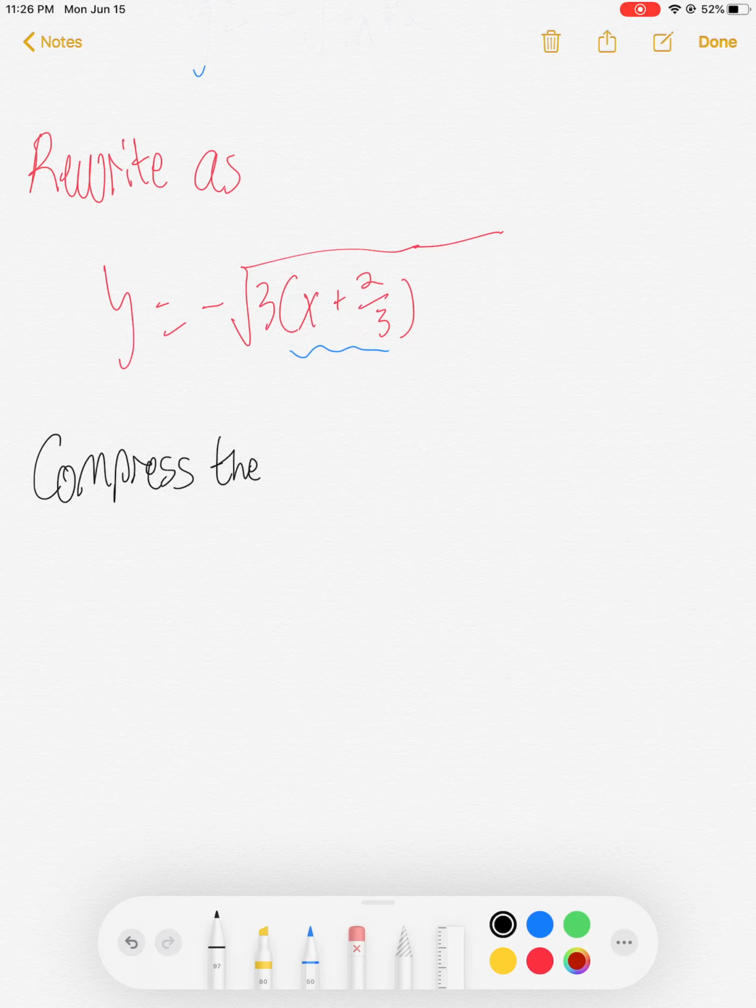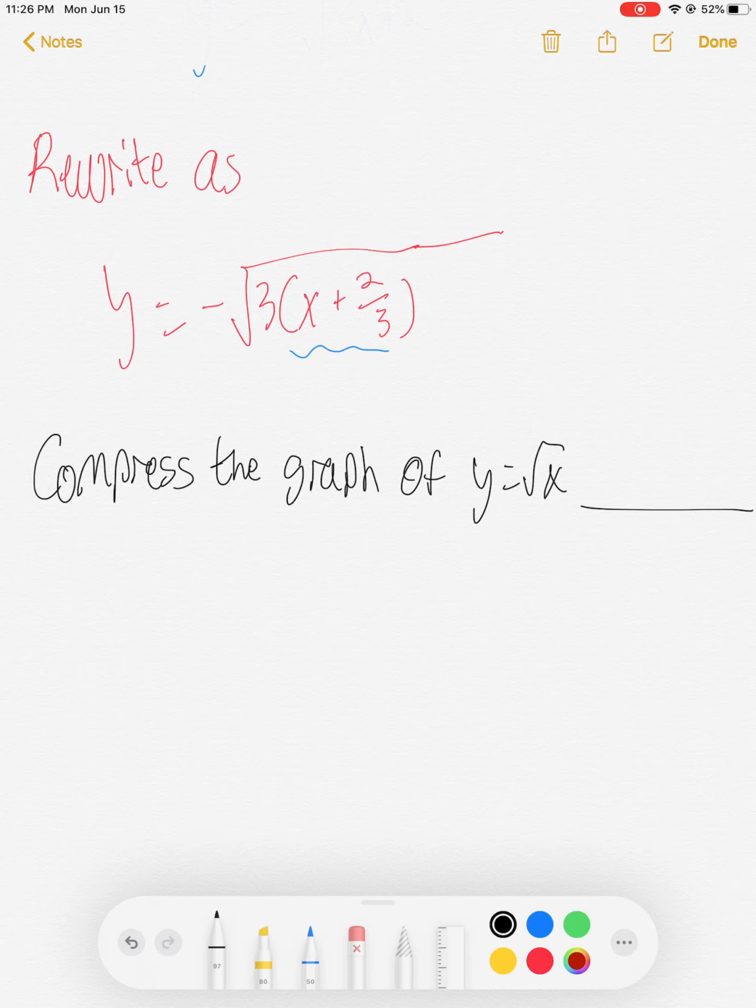The nice thing about this is that it allows me to see this x plus 2/3. That's going to be important whenever we are going to look at how the graph has been shifted. So it kind of gives us some blanks here. So let me write out what those are to guide us.